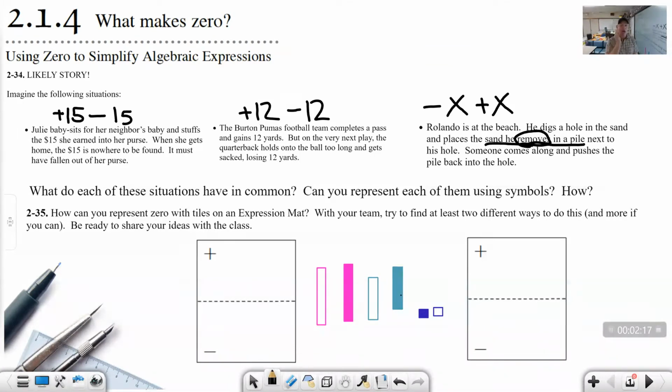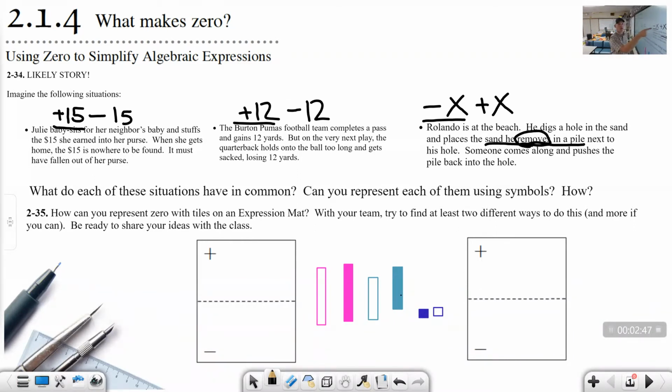Okay, well, let's go ahead and start writing. This is problem 2-34. You got 2 lines to write this sentence. All 3 situations gained something and lost something.